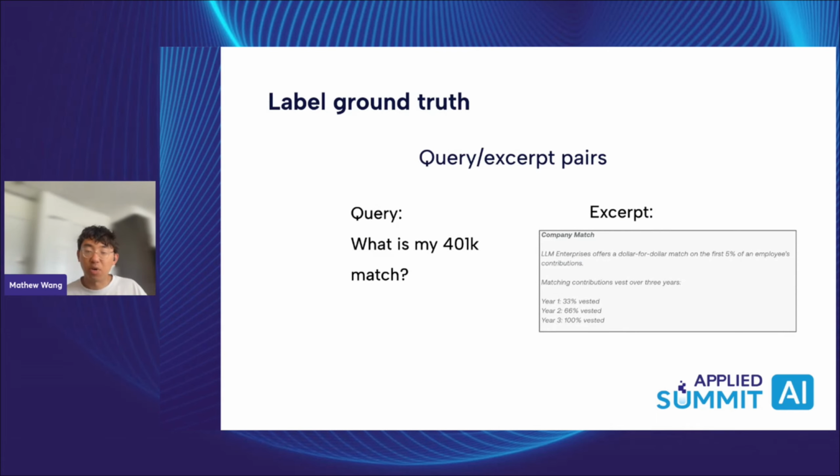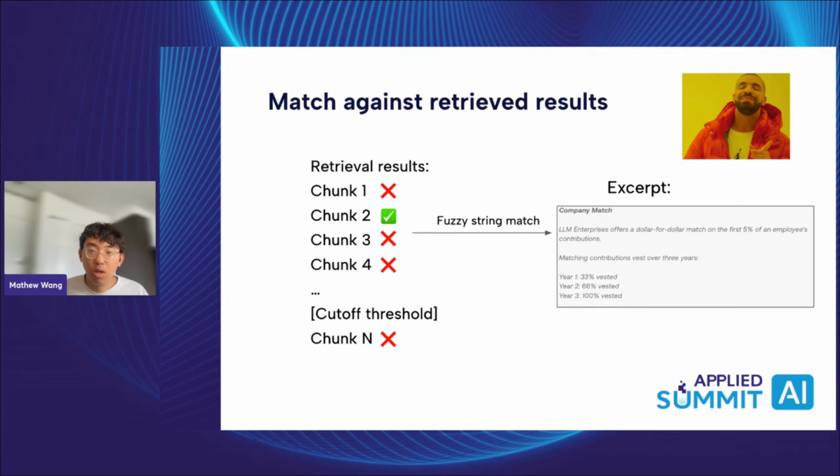And then you, as the labeler, go and find the place in the knowledge base that indicates what the 401k match is. So you do this for however many questions, and now you have your evaluation data set, which you can run against your retrieval service.